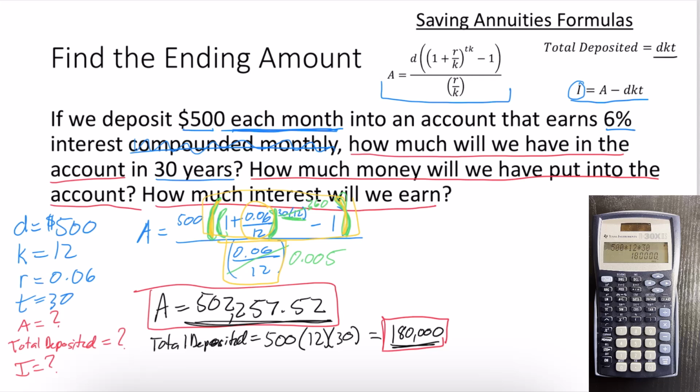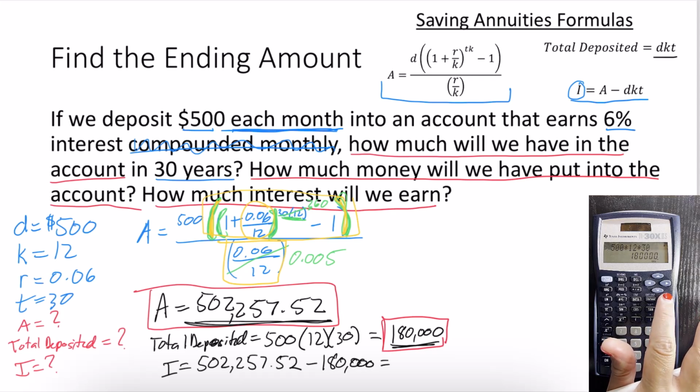So to find out what that interest is, we just take the amount that's in the account at the end, which is that $500,000 number, and we're going to subtract the amount that we put into the account, which is the 180,000 number. And I have cleared my $500,000 number, so I'm going to retype that in again.